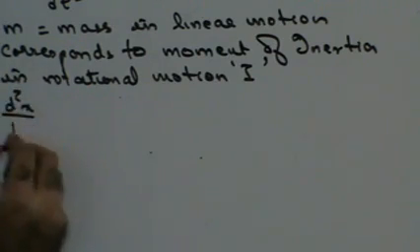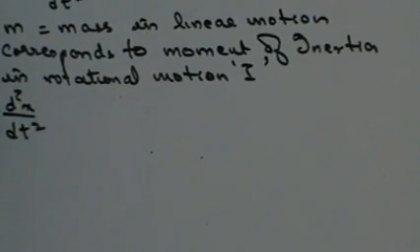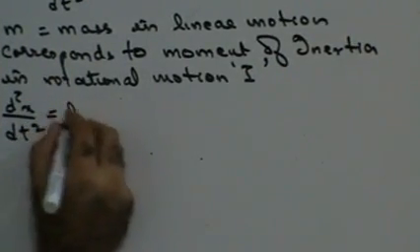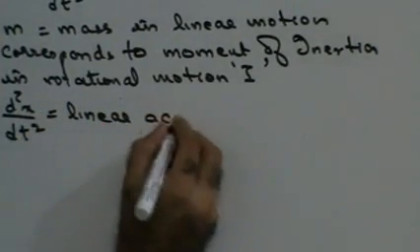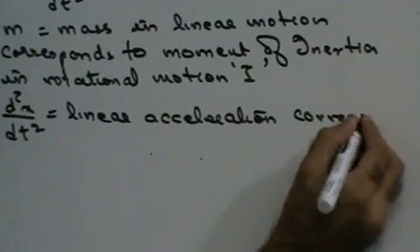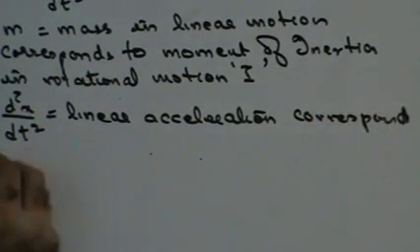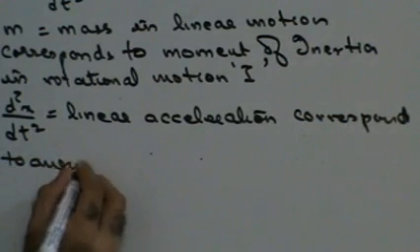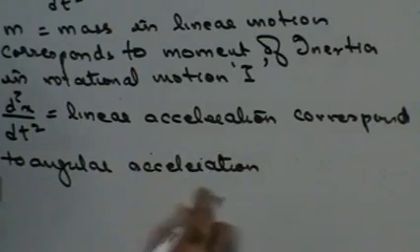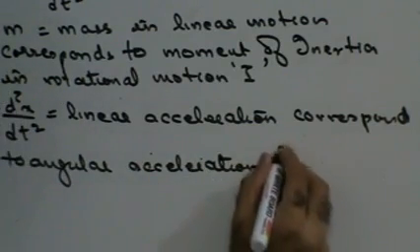Similarly, I can say that d square x by dt square, which is linear acceleration, corresponds to angular acceleration, that is d square theta by dt square.